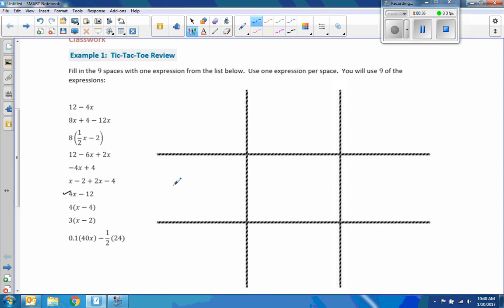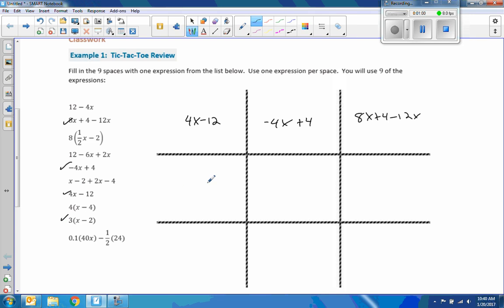So I'll pick this one, and I'll put 4x minus 12 here. I'll put this one, negative 4x plus 4. How about this one, 8x plus 4 minus 12x.